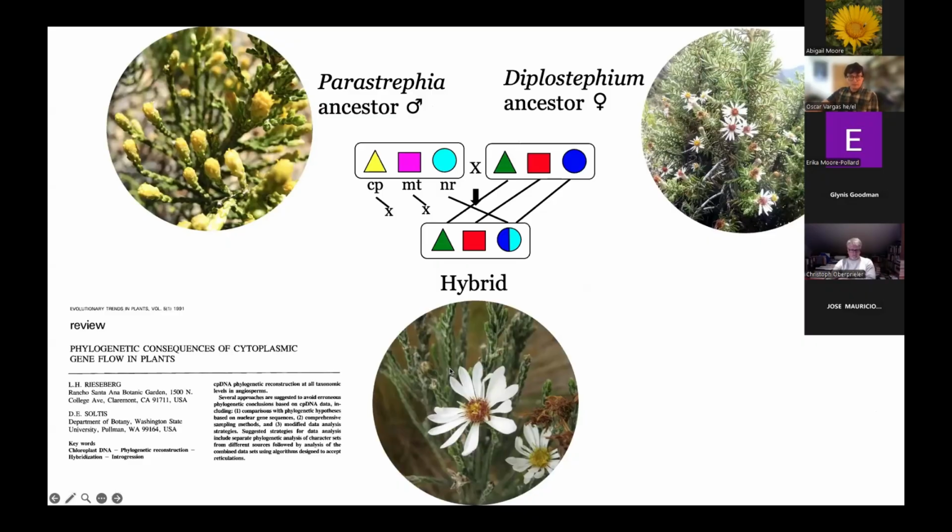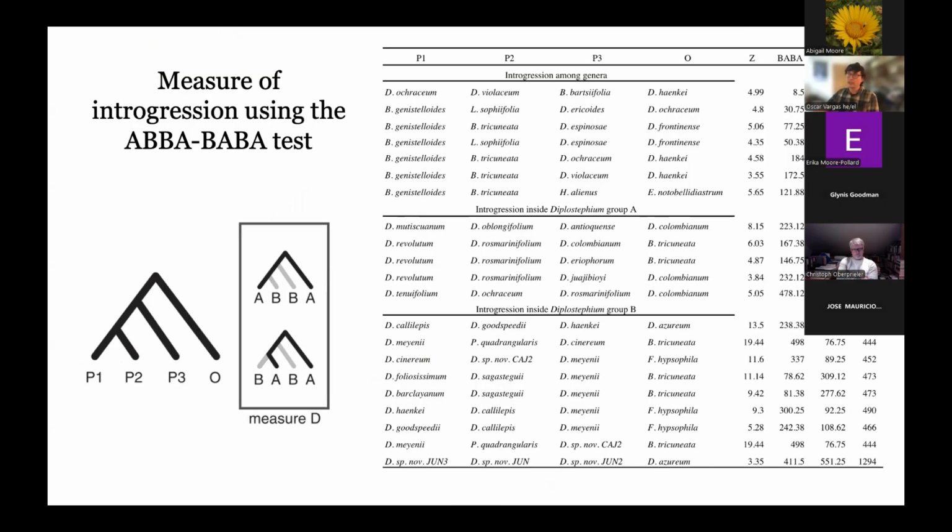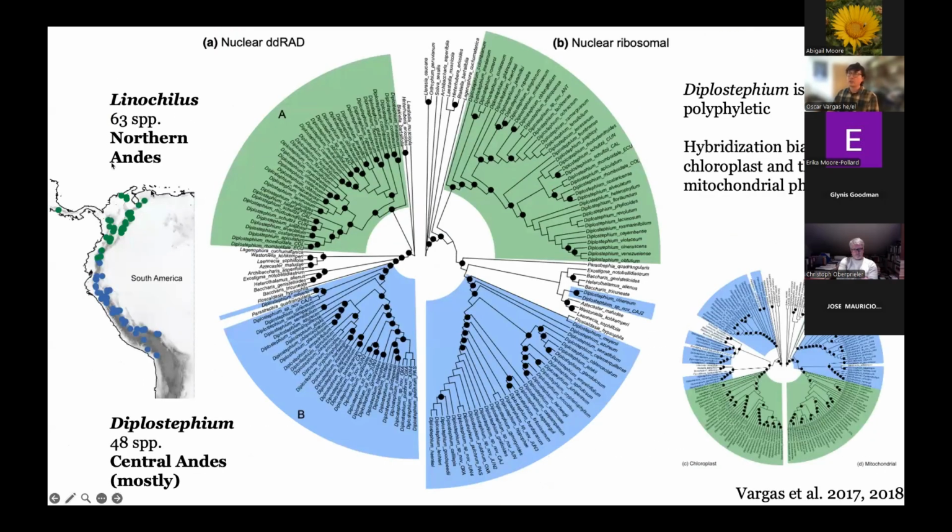So from this paper, I could say that there was a lot of hybridization, and I can say that Diplostephium is non-monophyletic, and it warrants the segregation of this clade into a different genus. The type species falls in B, so we need to rename A.